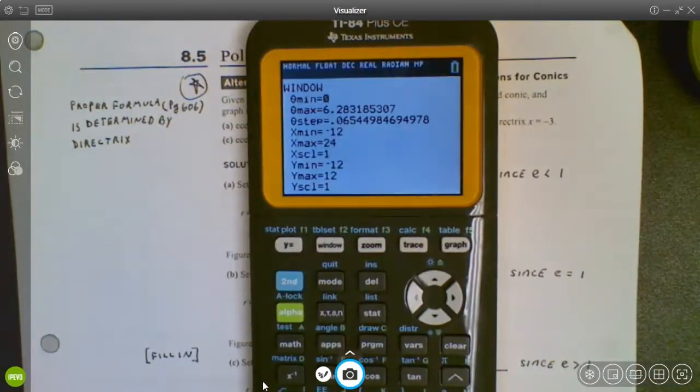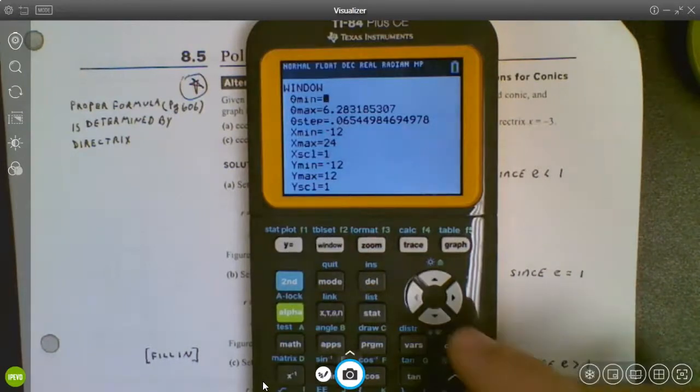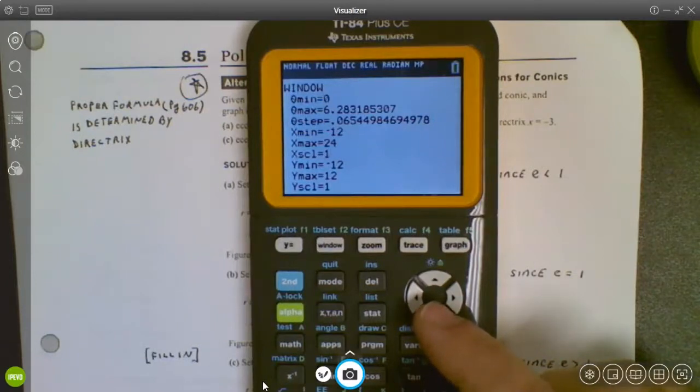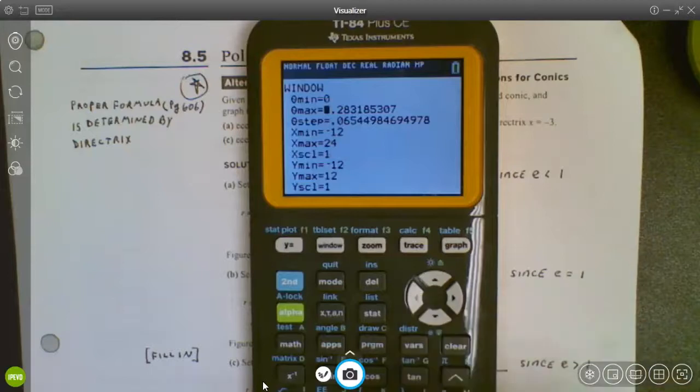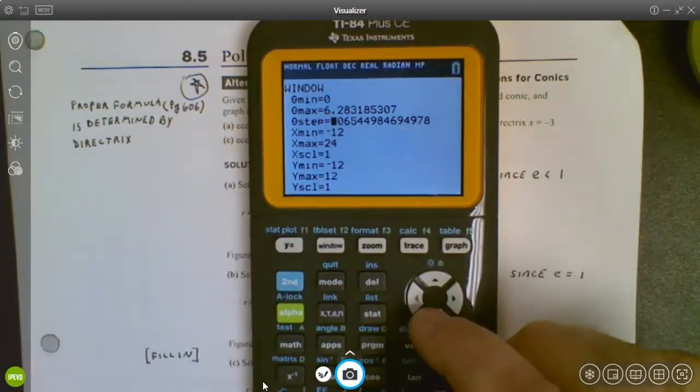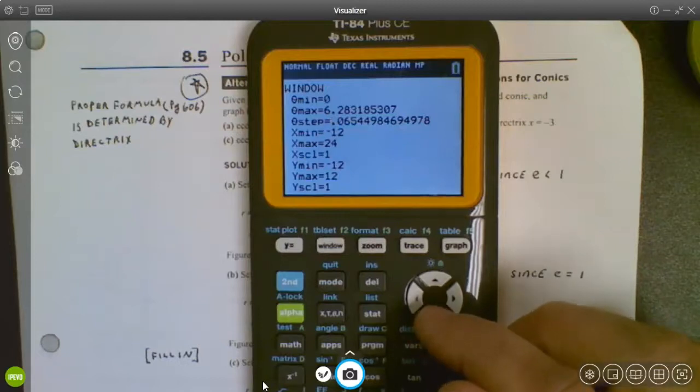So I literally just put in the same window settings that they said to put in here. I'm sure if this was any other graph, I'd really have to play with these numbers to figure out a good scenario. The one thing that made sense was they said, let's let theta go from 0 to 2 pi. Okay, that's probably general for all of these. This was just a value they said to put in.